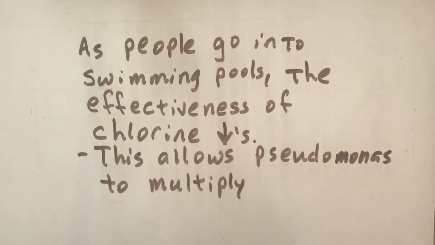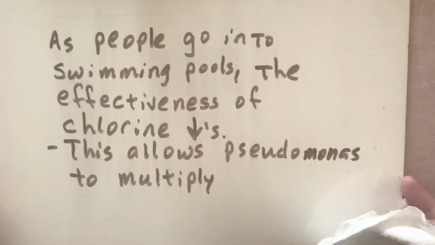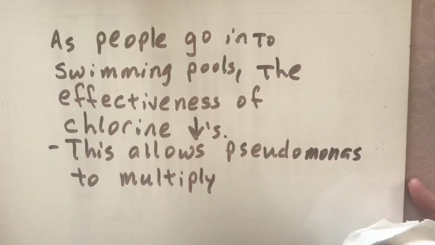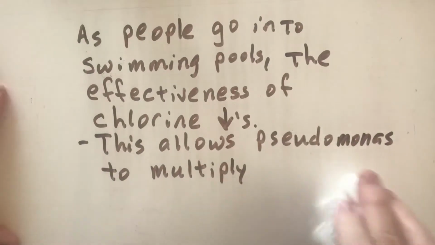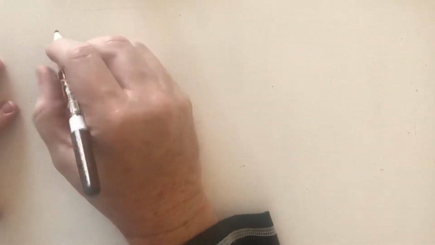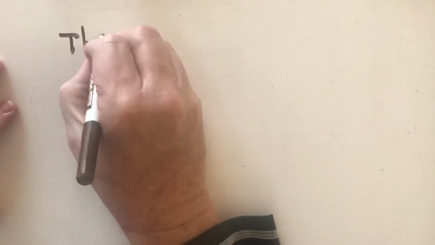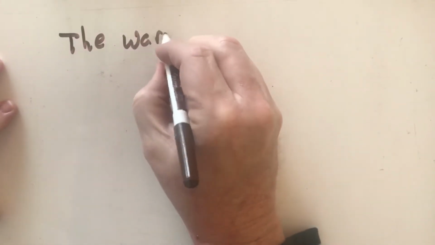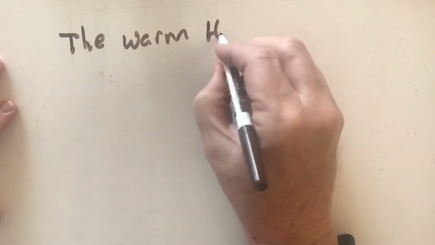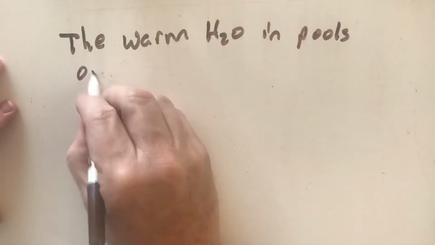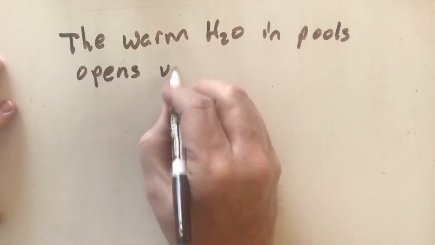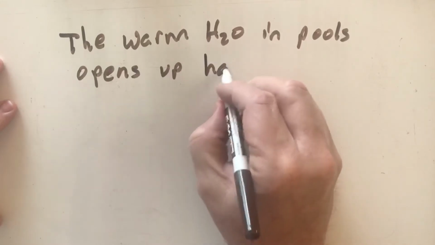Now, here's the whole thing that's going to happen though. When you usually go into pools, you want the pool to be kind of warm, right? What that's going to do is open up the hair follicles. So the hot or warm water in pools opens up hair follicles. And what do you think is going to happen when that occurs?